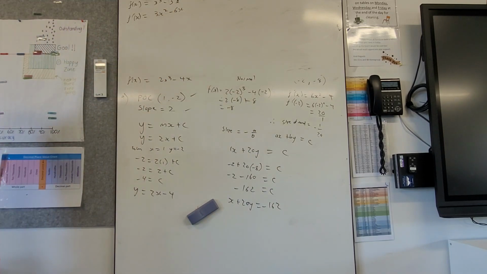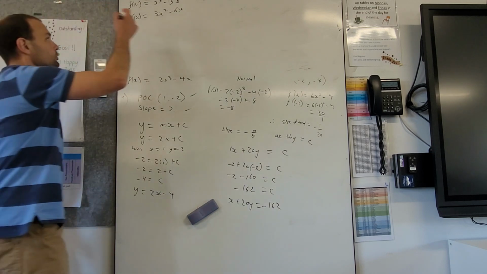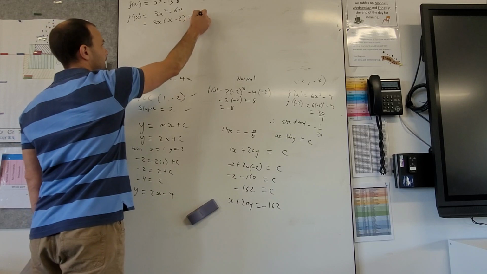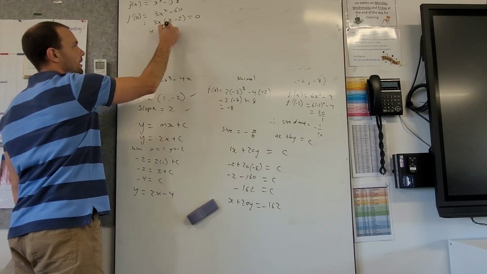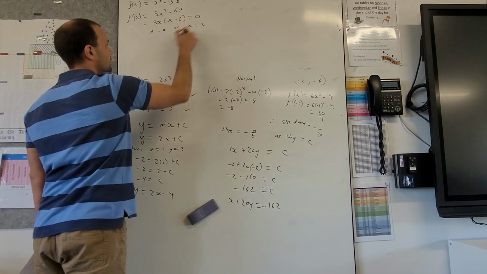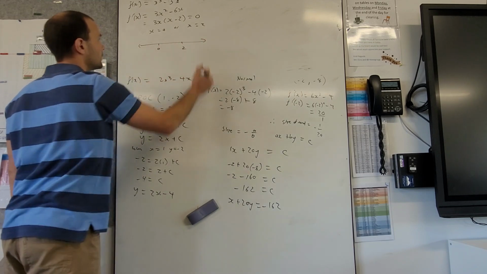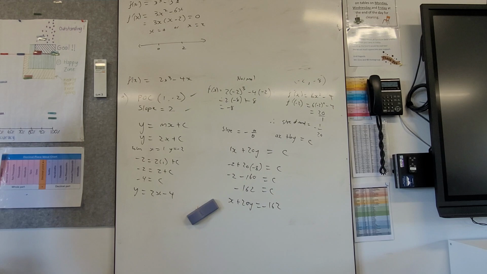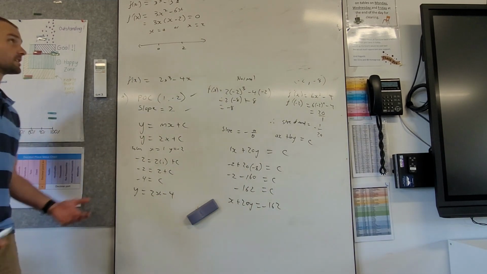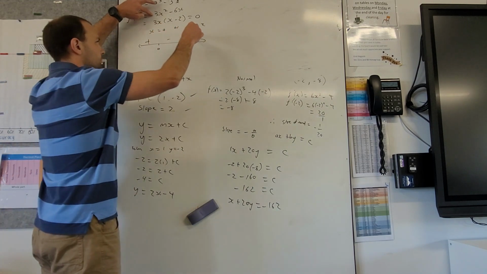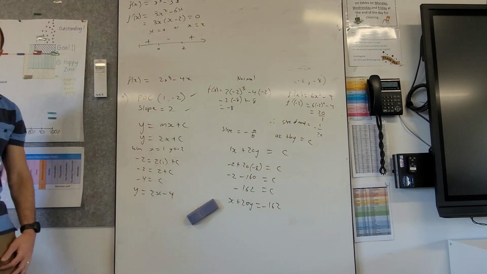If we're going to draw the sign diagram of this, we needed roots. So if I'm doing it manually, I would factorize it, apply the null factor law, and there's our roots 0 and 2. And I know it's a quadratic with a positive a value, which means it's opening upwards, right? Which means it's going to have this shape.